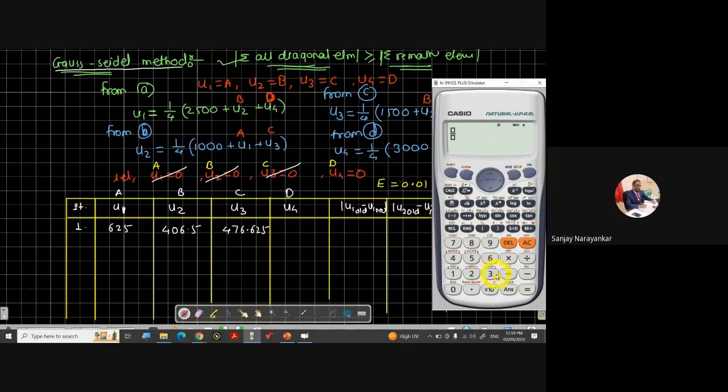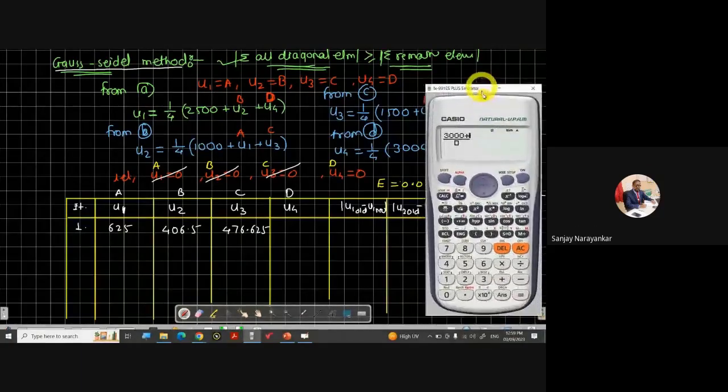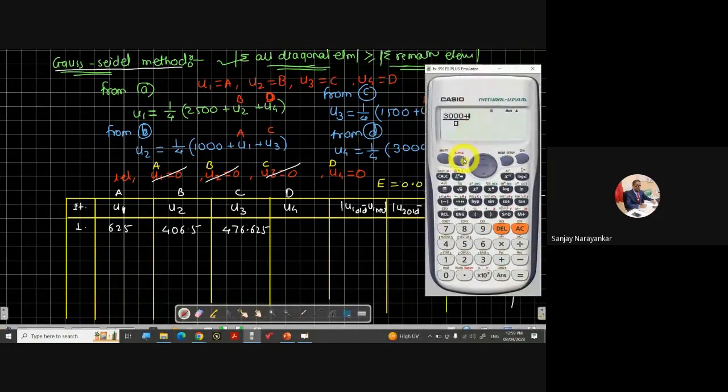बताओ नेक्स्ट वैल्यू क्या रहेगी? इक्वेशन 3000 प्लस U1. U1 मतलब A और C. अल्फा A प्लस अल्फा C divided by 4. Calculate. What's the A value? 625.